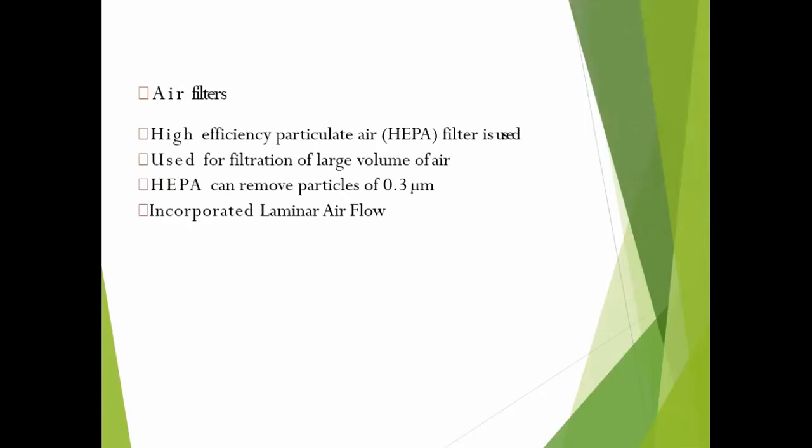Air filters: the high efficiency particulate air filter is used for filtration of large volumes of air. It can remove particles of 0.3 micrometer and is incorporated in laminar airflow. HEPA means high efficiency particulate air filter.